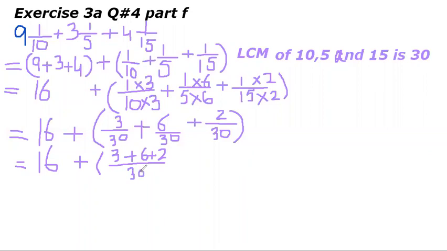We will write 30 only one time because the denominators are same, and it was actually the LCM. Now we add 3 plus 6 plus 2, which gives us 11 upon 30.